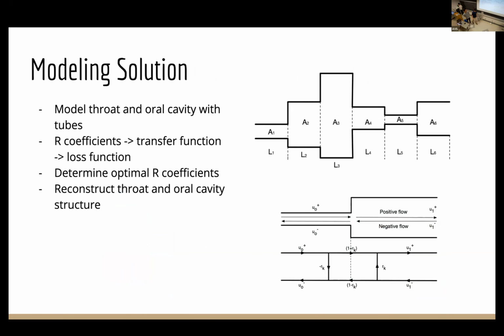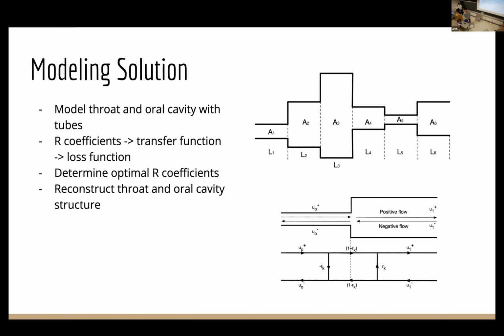The way that the researchers modeled the solution is by using a bunch of different sized tubes with different cross-sectional areas and diameters to model the way that the throat and oral cavity is shaped. When someone speaks, there's both what they call positive and negative flow. There's air going in and out. Based on the different cross-sectional areas of the pipes, there's a different relationship formed with how the air moves.